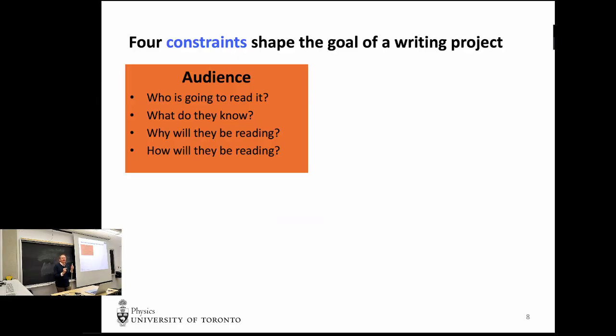The first is audience. Who are you writing for? It's a very different piece that you're going to write if it's for PhysRev Letters or an op-ed piece in the Globe and Mail. Very, very different audiences, and you need to know that right up front. Are you writing to a very specialized audience that knows all the jargon?